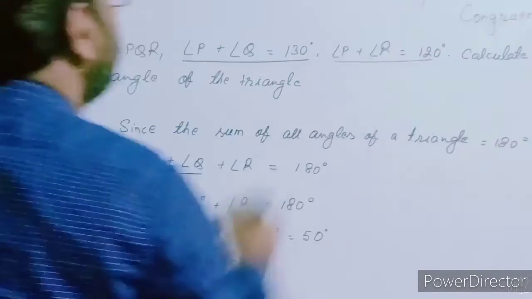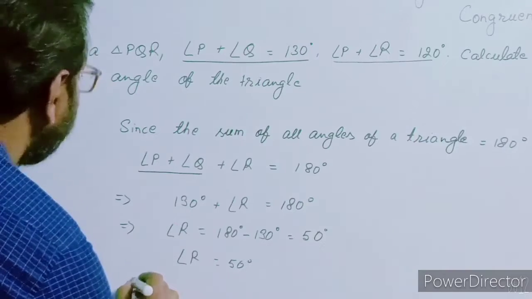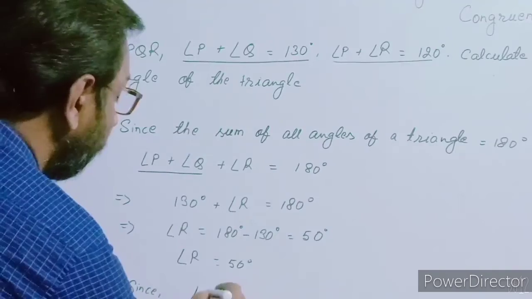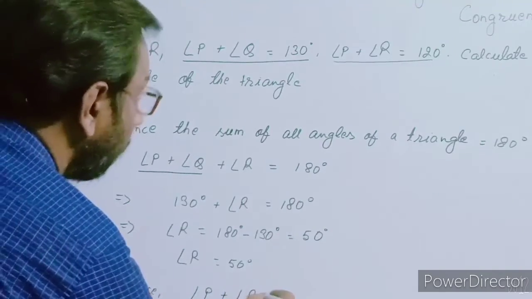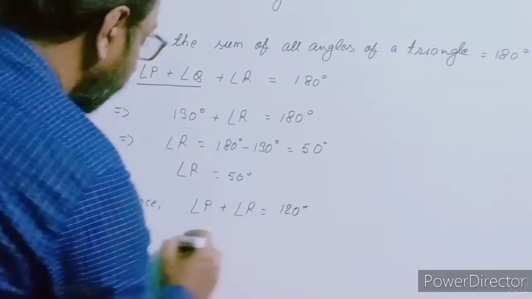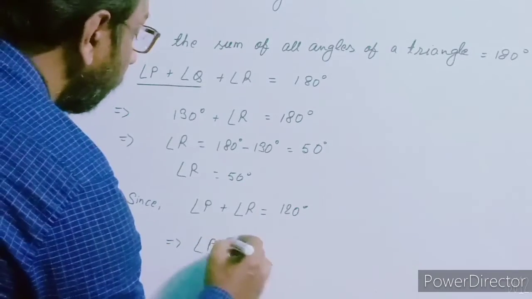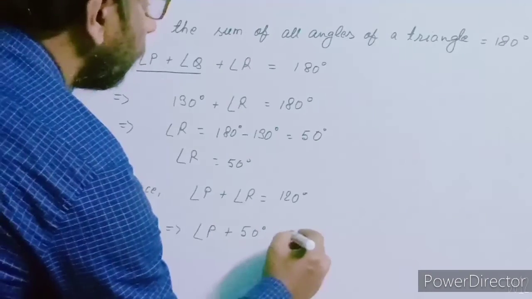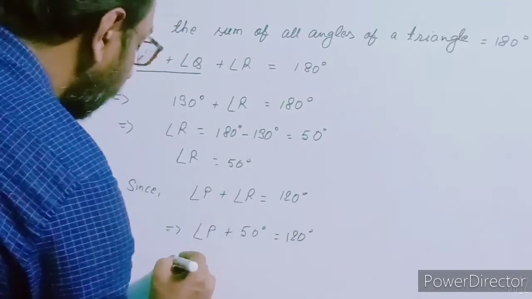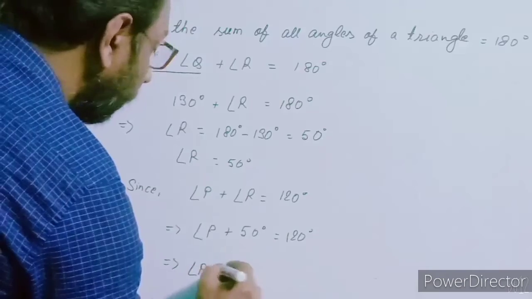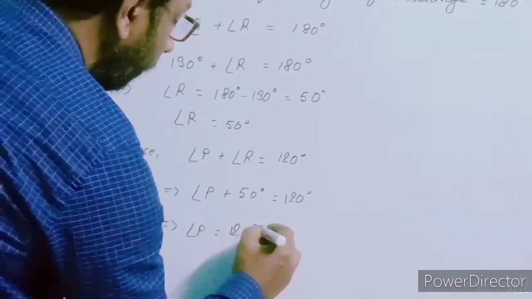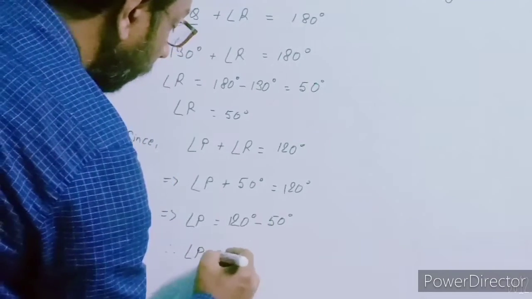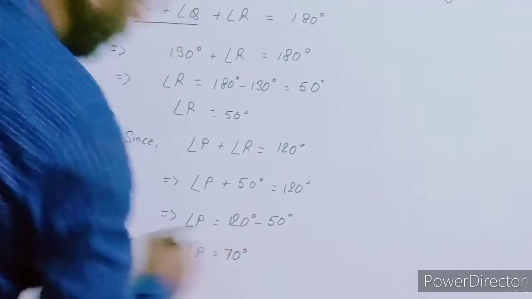Now, since the second information is angle P plus angle R equal to 120 degree, angle P plus 50 degree, that is the value of R, equal to 120 degree. Implies that angle P equal to 120 degree minus 50 degree. Therefore, angle P equal to 70 degree.